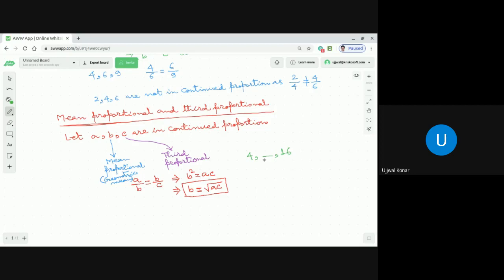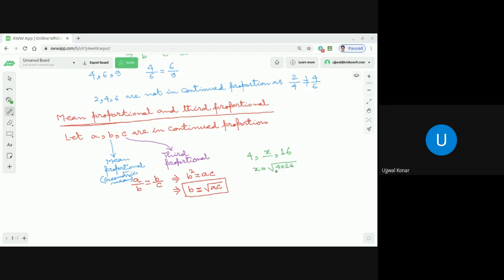We need to find the middle term, also known as the mean proportional or geometric mean. Suppose we assume this is equal to x. We can find the value of x in terms of 4 and 16 as x is equal to square root of 4 into 16.